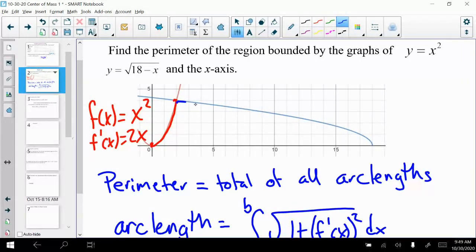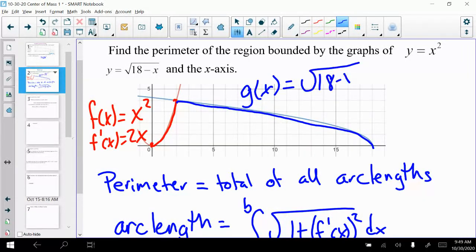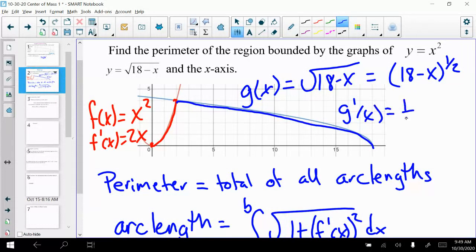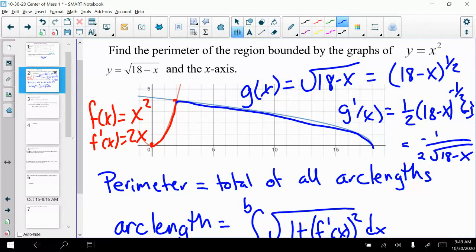G of x is the square root of 18 minus x, which is really 18 minus x to the 1/2 power, making g prime of x to be 1/2 times 18 minus x to the negative 1/2 times negative 1, giving us negative 1 over 2 times the square root of 18 minus x for g prime.